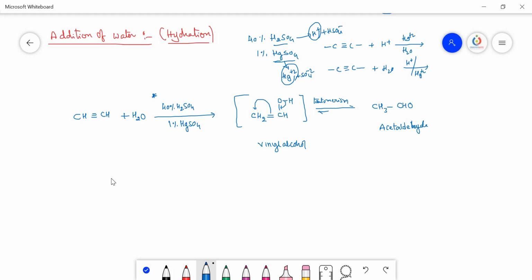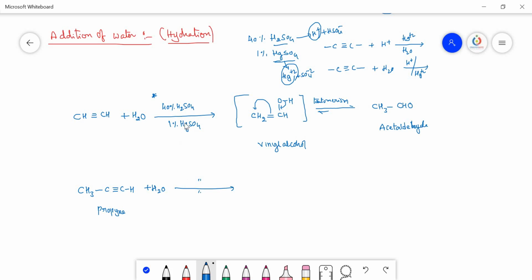Okay, and I am going to discuss one more important compound. You see here CH3 C triple bond CH. This is propyne. So propyne with H2O, the same combination of catalyst.